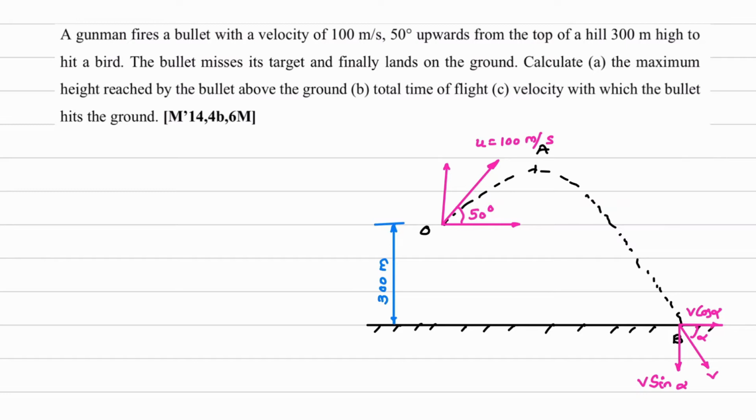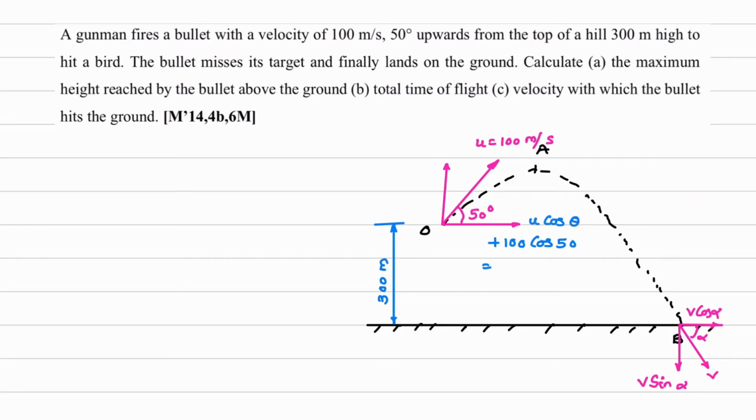What is the x component of velocity? The magnitude is 100 and the angle of that velocity with respect to horizontal is 50 degree. So the x component will be, it is towards right, so plus 100 cos 50. This is basically u cos theta.